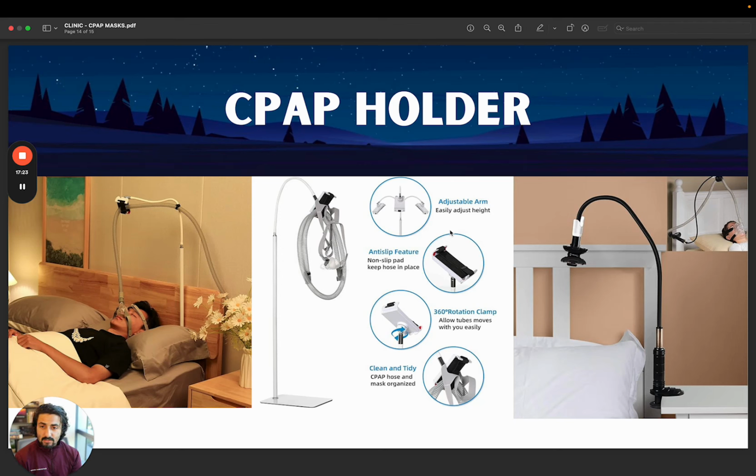And as you can see, if you feel like the hose is getting in your way, or it's getting tangled, or if it's getting pinched, or something of that nature, using one of these CPAP hose holders that you can buy online or on Amazon can really help get the hose out of the way, so that you don't feel the extra weight on your head or your face, and also it just doesn't get in your way anymore.